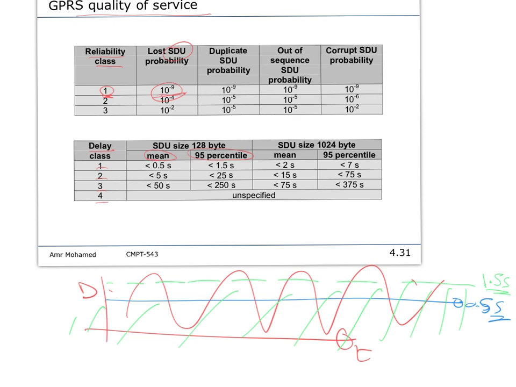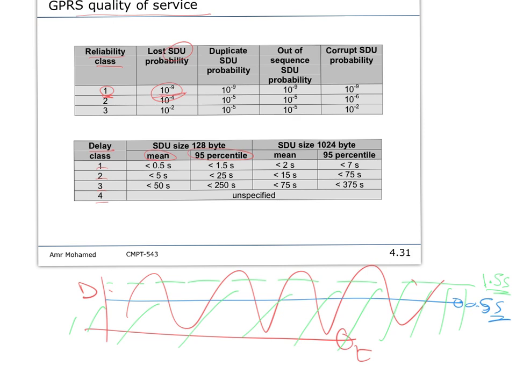I should care about the fluctuation and make the delay fluctuations smaller. Because if I consider only the mean, it can go really up and down, as long as the mean is 0.5. But the 95% percentile constrains the values even more. Okay?